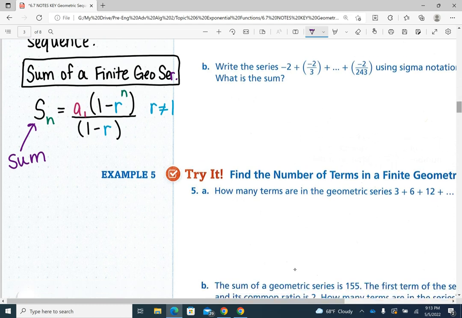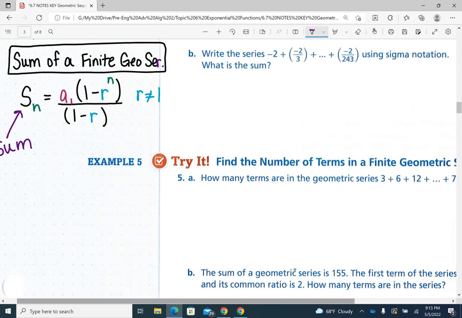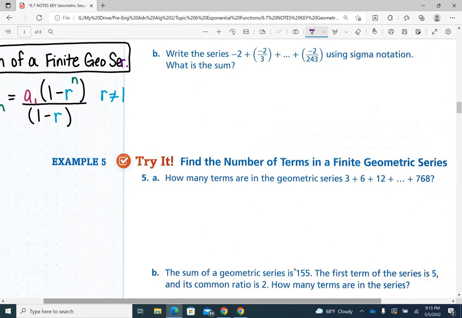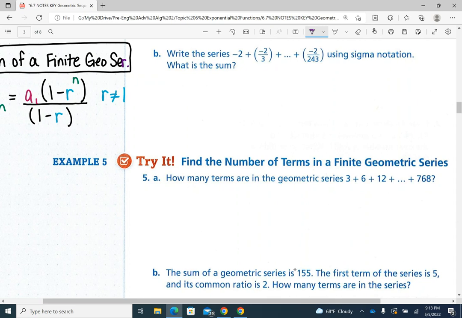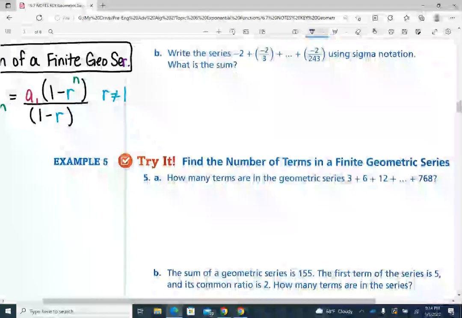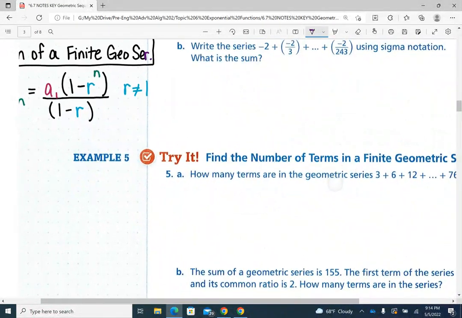So you'll have something like example 5, where it says, how many terms are there? We have our series, and we have to figure out, okay, it went from 3, 6, 12, skipped a few, and got to 768. They want to know how many did we skip, so how many are there altogether? One way you can do this is to start with that sum formula.